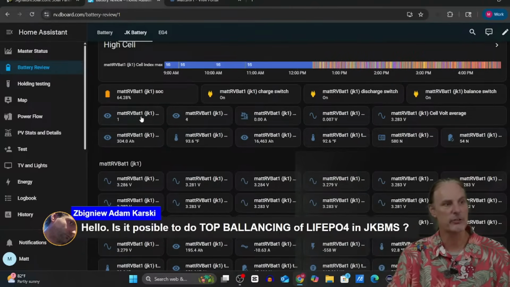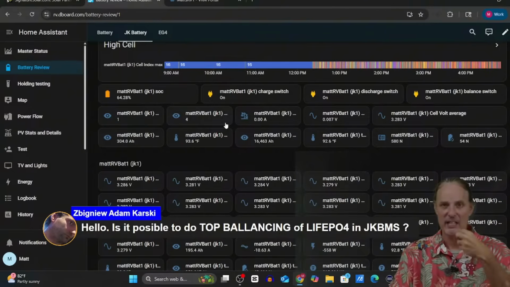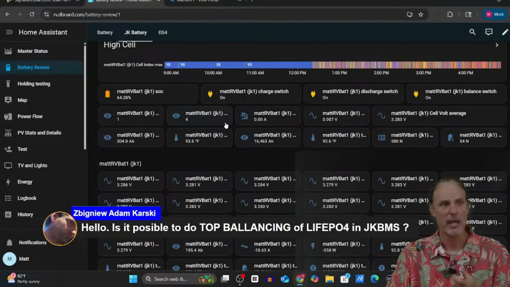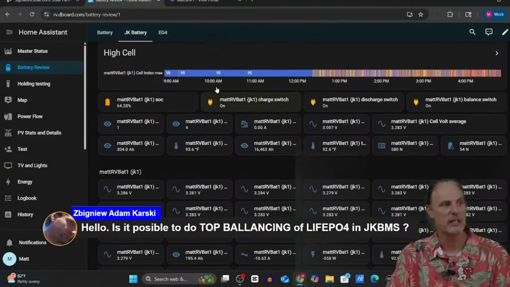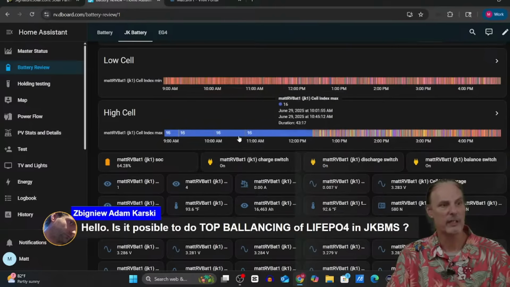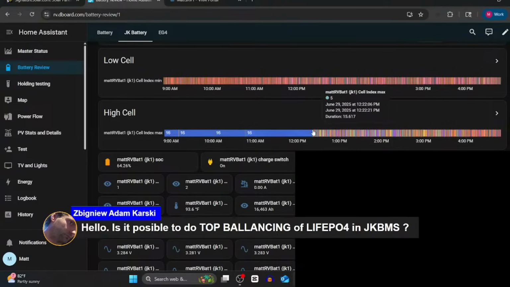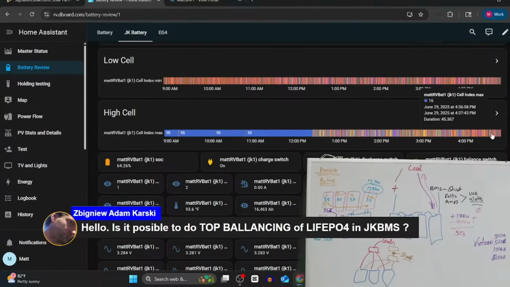Now you can see these are changing around as the battery is actively pulling voltage from it. And you can see here that last night cell 16 was definitely the high cell for quite a while, and then it got into where it's constantly shifting. Constantly shifting is really what you would want it to do.